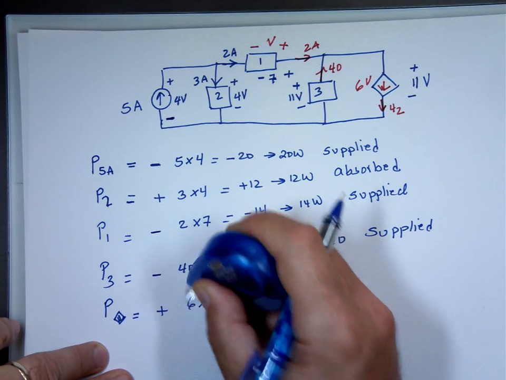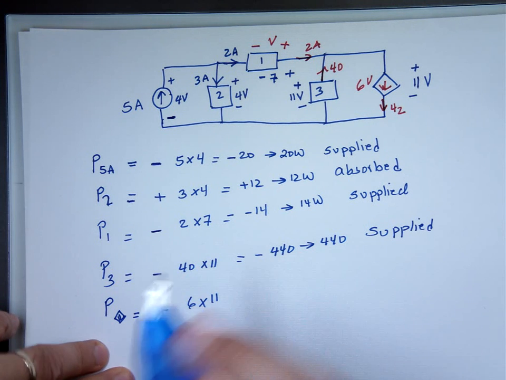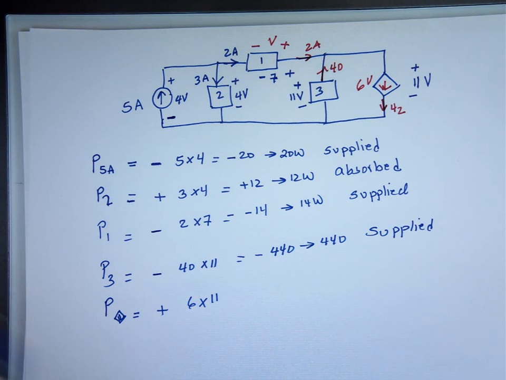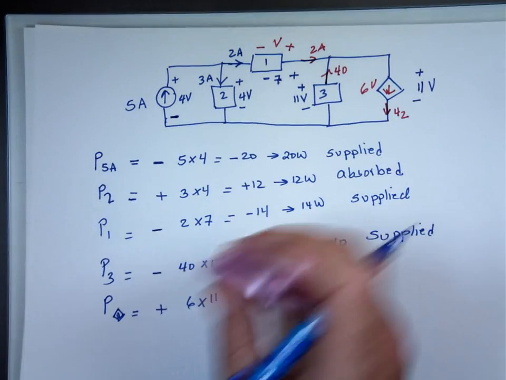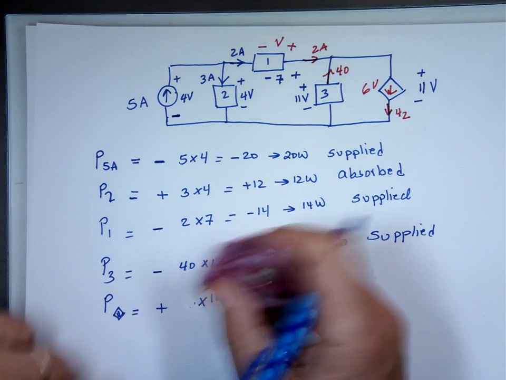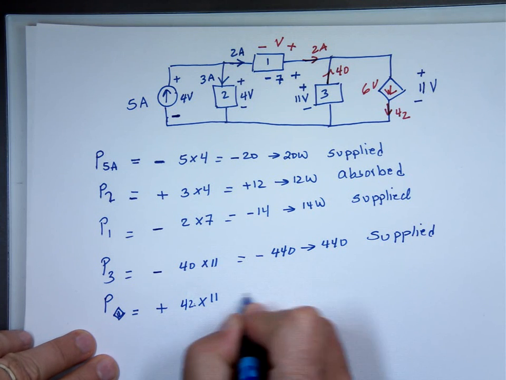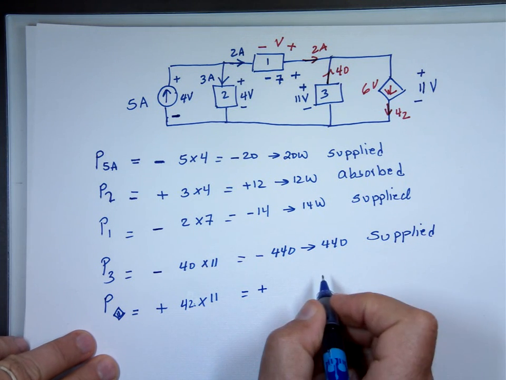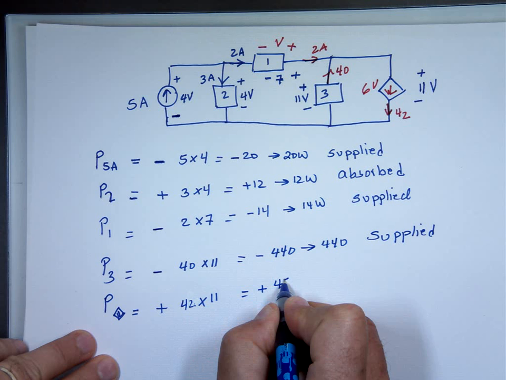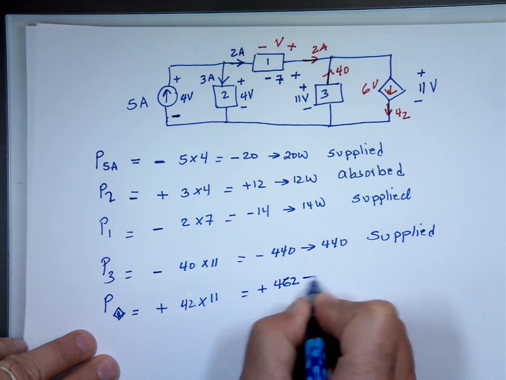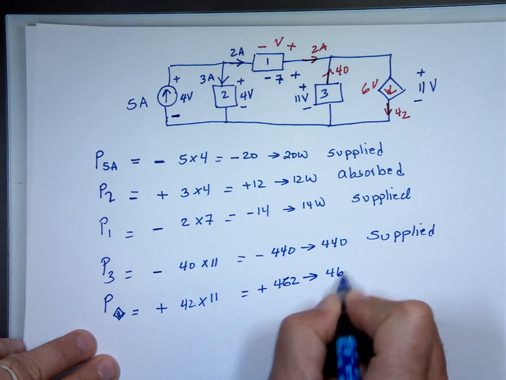Oh, this is done. 42 times 11 is positive what? 462. So that's 462 watts absorbed.